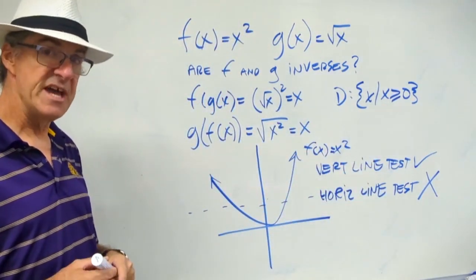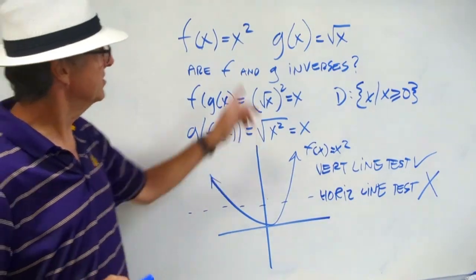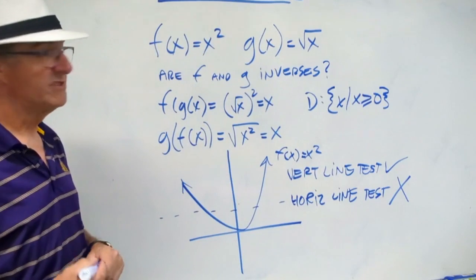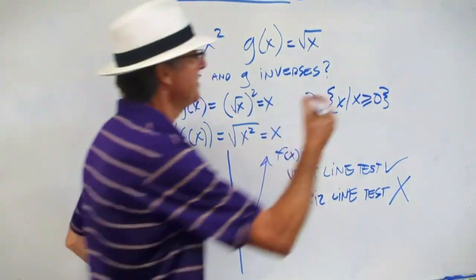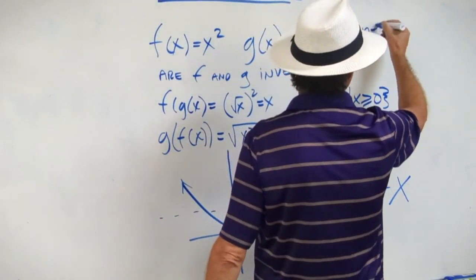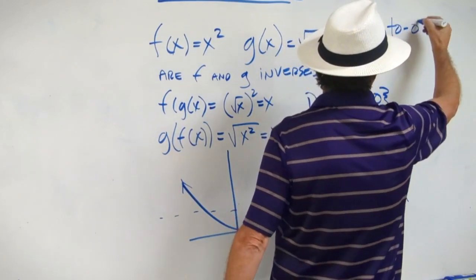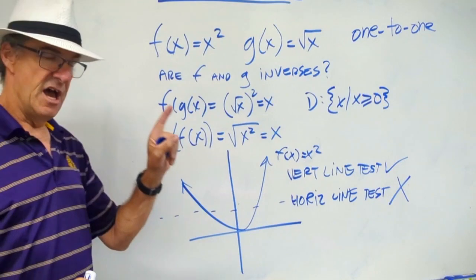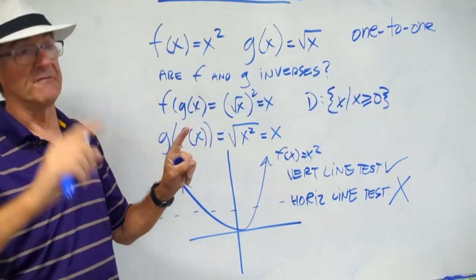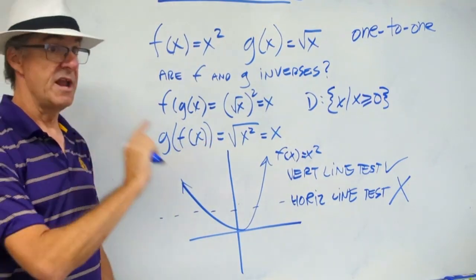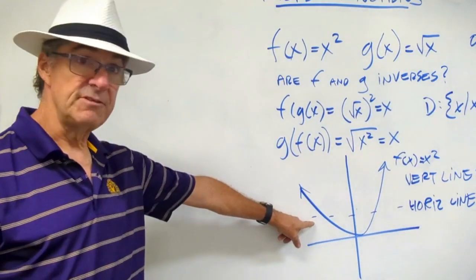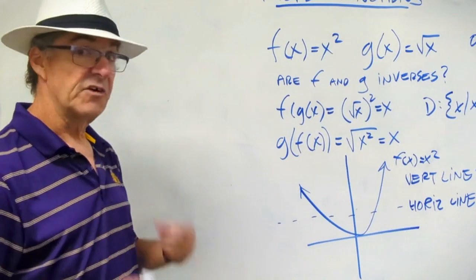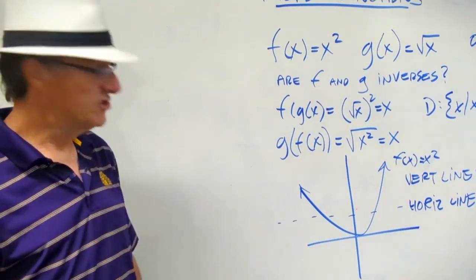So you do have to pay attention to domains, especially when you have anything with a square root there. So another way we talk about this is that we say for functions to have inverses, they have to have 1 to 1 relationships. So for every x, there's one y, and for every y, there's one x. So you can see the parabola, y equals x squared, doesn't have a 1 to 1, because for every y, there's possibly two x's.